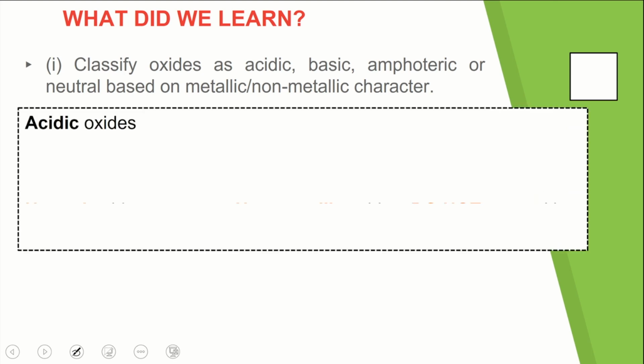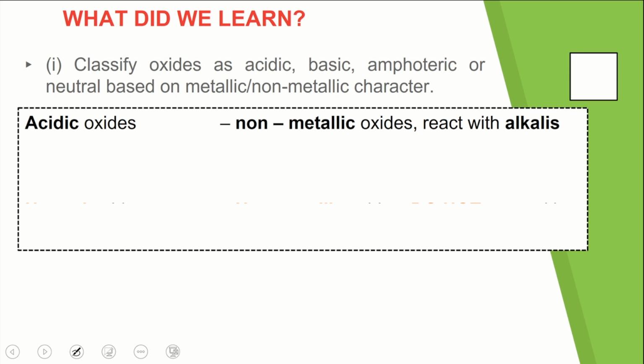Recall, what kind of oxides, metal or non-metal? You must ask yourself, what are the examples first? If you recall, CO2 is a non-metallic oxide, and it can react with alkali. The gas that you breathe out, carbon dioxide, is acidic.